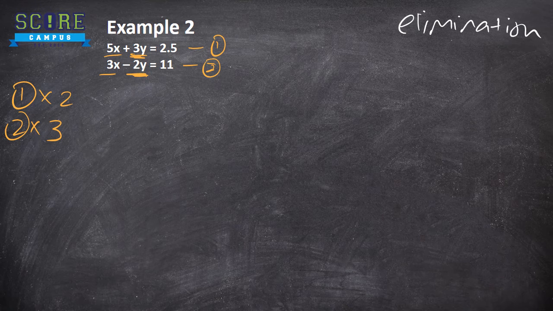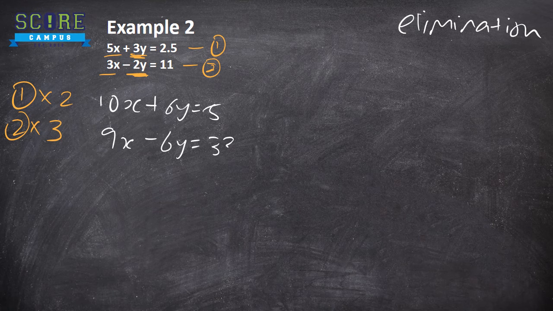So equation 1 times 2 is 10x plus 6y equals to 5. Equation 2 times 3, 9x minus 6y equals to 33. This is equation 3, this is equation 4, right?